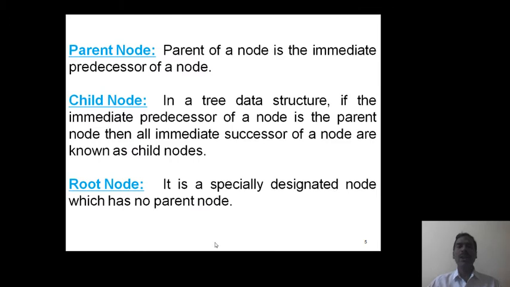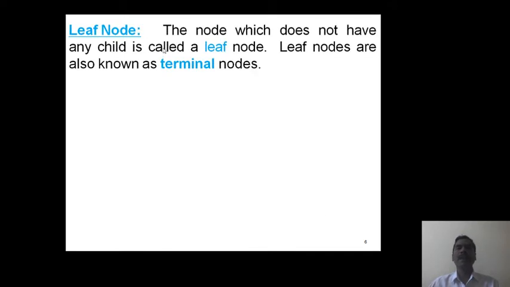This one, root node. In a tree data structure, there is a specially designated node which has no parent node. Such a node is known as the root node. This one, leaf node. The node which does not have any child is called a leaf node.